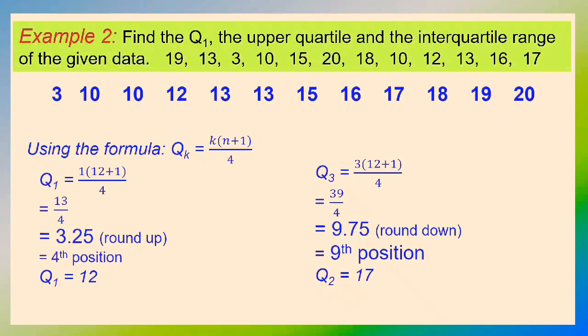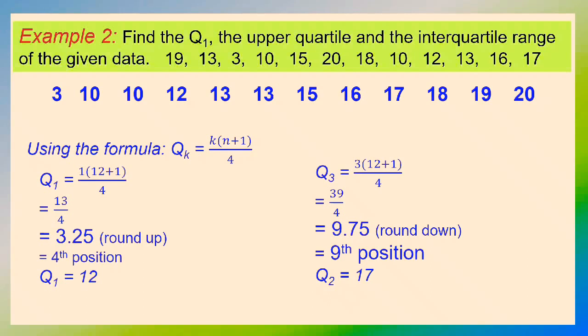As we all know, class, quartile 3 is 75%. So therefore, that is above the median. So under the rule, we are going to round down. So from 9.75, applying the rule, that is equal to the 9th position. By counting, the 9th position in our set of data is 17.